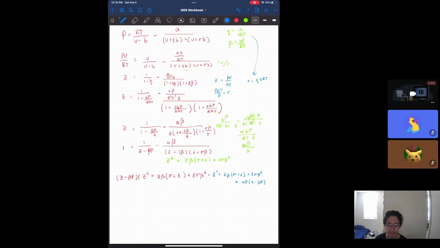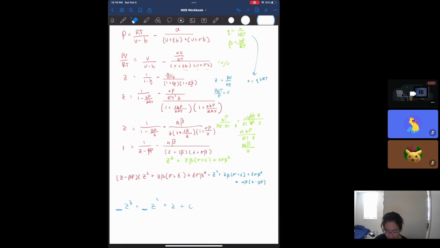What we eventually want to end up with is a cubic polynomial: some constant times z cubed plus some constant times z squared plus some constant times z plus some constant. Anything that's not z is our constants, right?